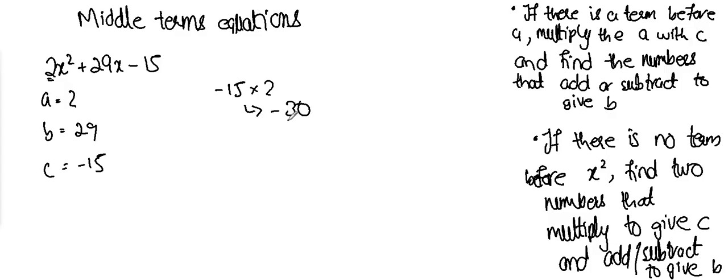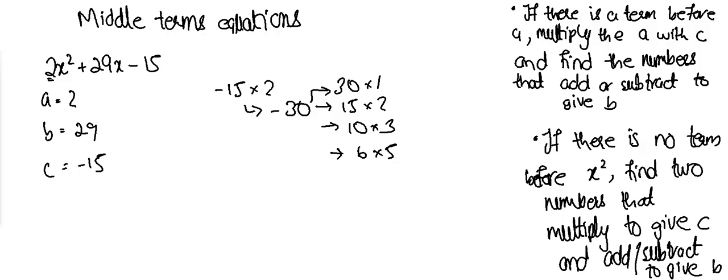How would we get 30 if we multiply two numbers? 30 times 1, 15 times 2, 10 times 3, 6 times 5, and so on, right?